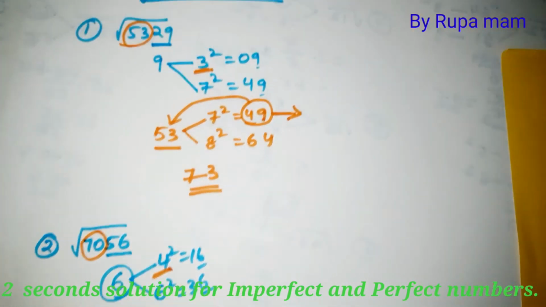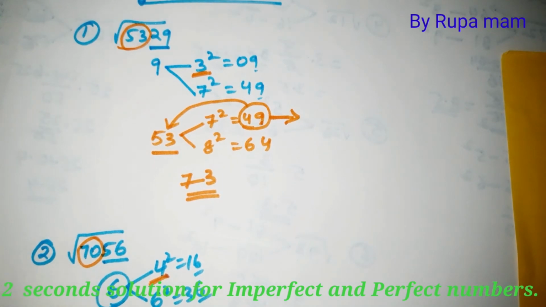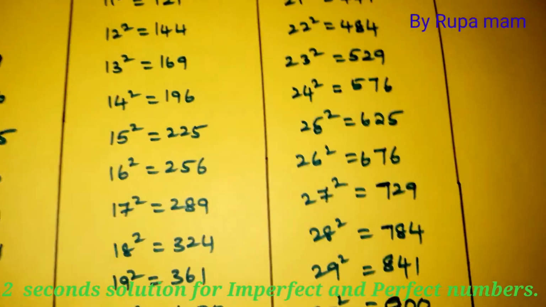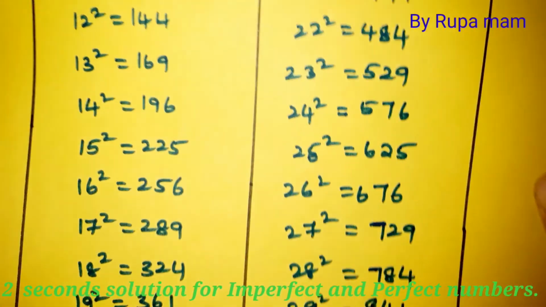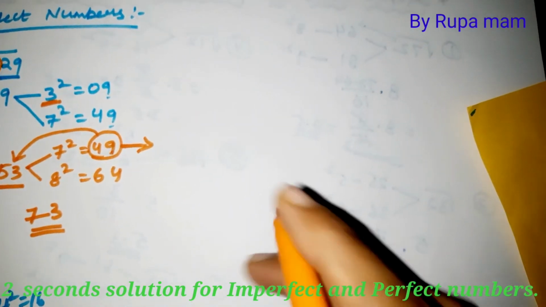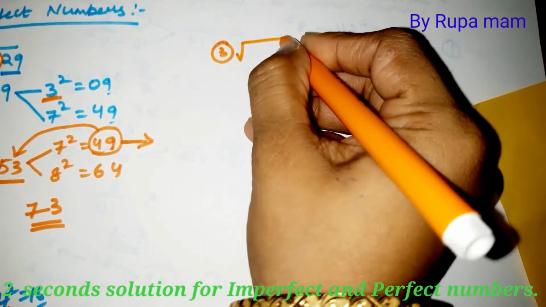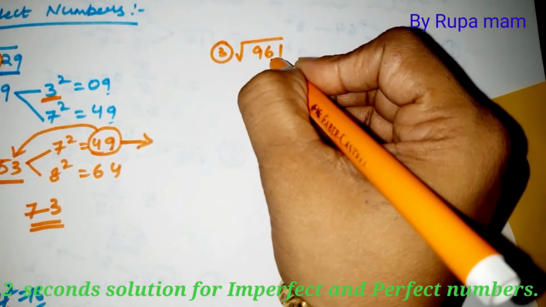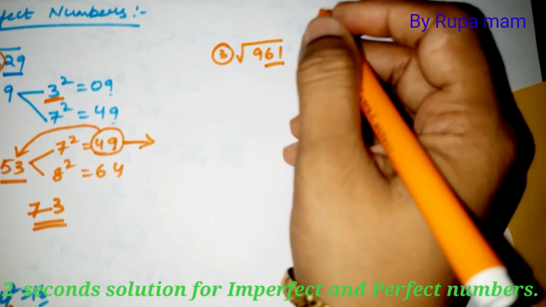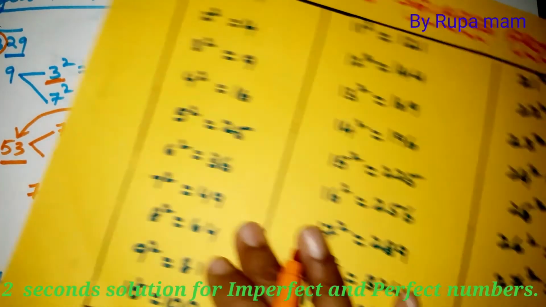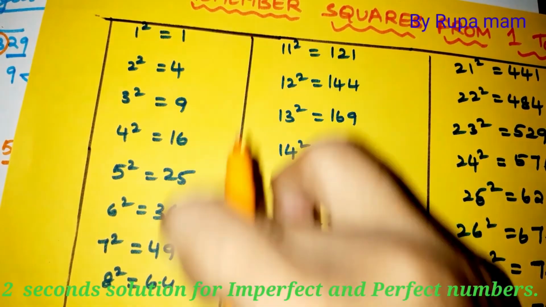I will tell another question in perfect numbers. See, root over 961. I already told you, first of all, underline these two digits. Then 1. 1 is present in which squares? 1 is present in 1 square and 9 square.